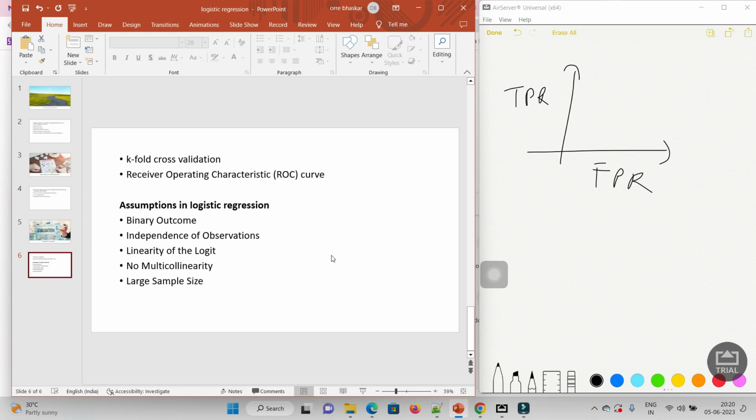If you plot this, it will give you a ROC curve. This is the receiver operating characteristic curve. What if our plot is y equal to x? That means it splits the x-axis and y-axis equally. It signifies it's a random model.